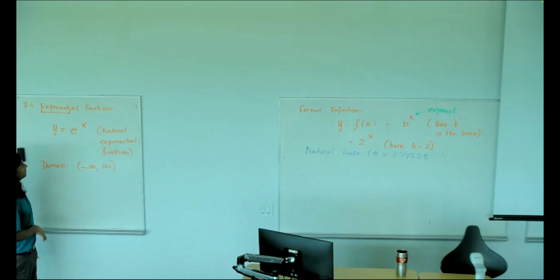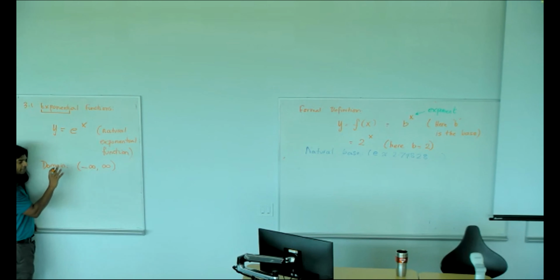Things will change. But as long as b is positive, no matter what that base is, you would always use negative infinity to infinity as the domain. Even if it is negative, you can use the domain as negative infinity to infinity, but for the range you've got to be careful.